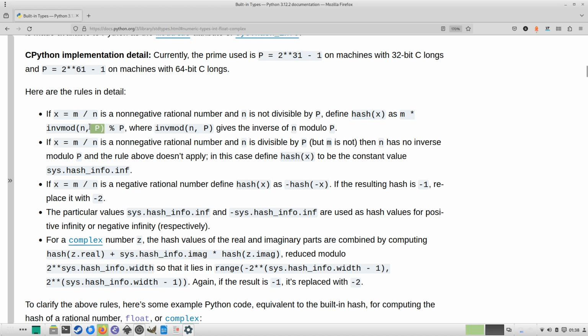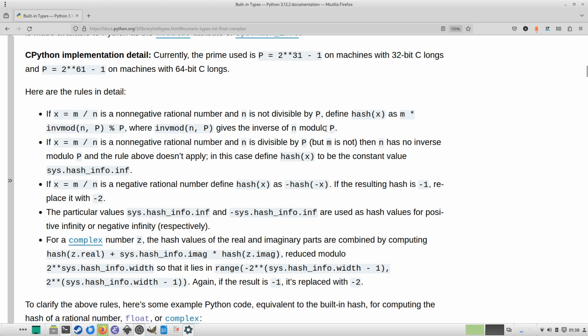So now inverse_mod(n, P): n modulo P would be 1, and the inverse of that would be 1.